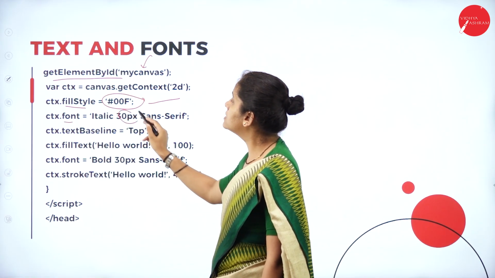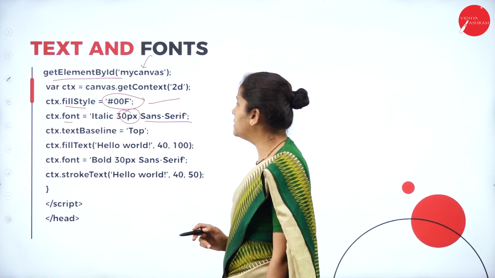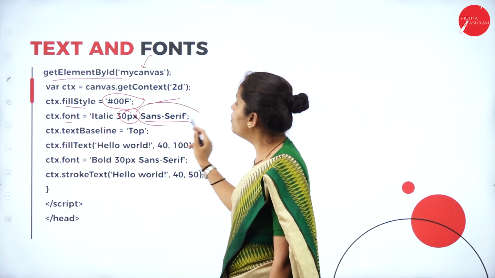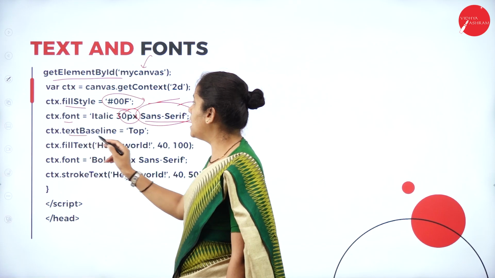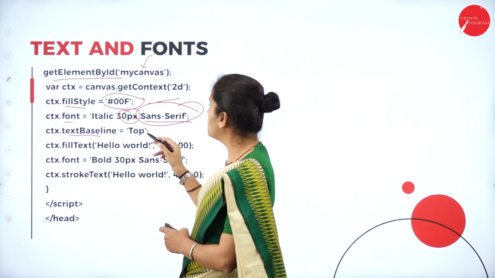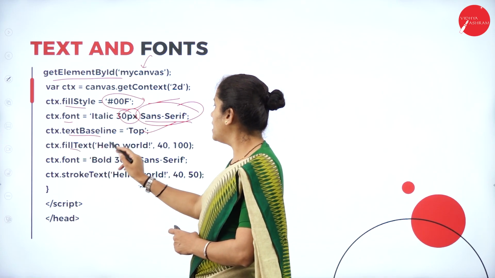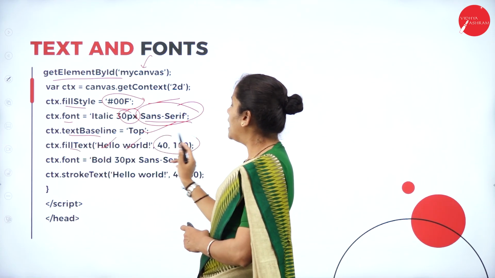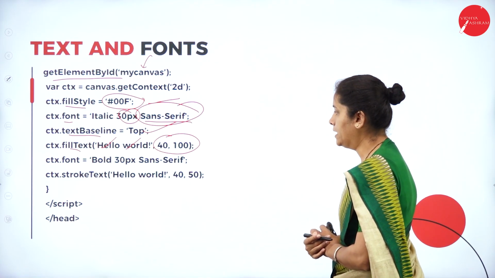What is the size? 30 pixels. The font family is whatever you want, you can write. Next, the baseline, from where I want to start, I'm going to specify from the top. For fillText, I have Hello World, and I'm going to pass the x coordinate as well as the y coordinate.